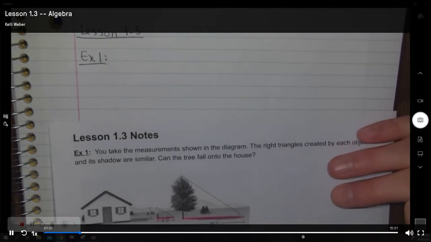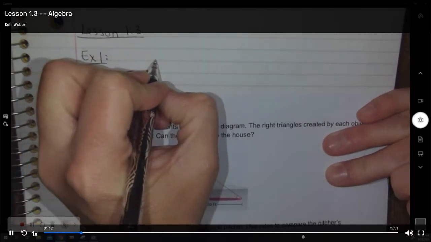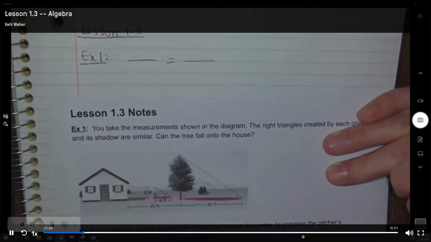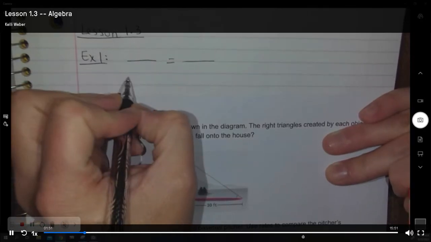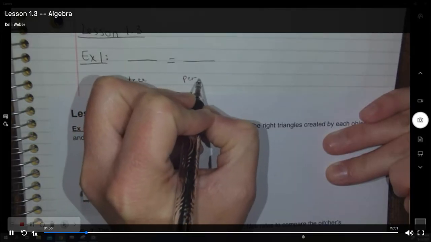So I'm going to have one fraction for my person, and then one fraction for my tree. So here's my tree, and here's my person.